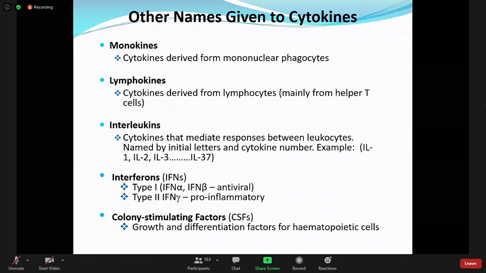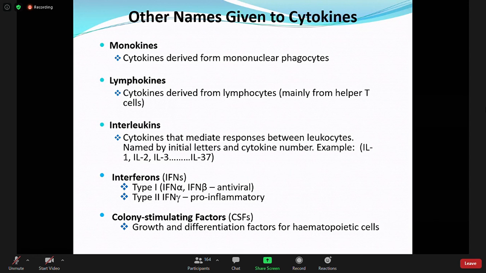What they did was culture, say, monocytes from blood, stimulate them with substances like LPS or lectins, and then take supernatants from these cultures and see what they did. For instance, if they added them to other blood cells, they might see that they induce proliferation. They might induce chemotaxis. And they called these factors.